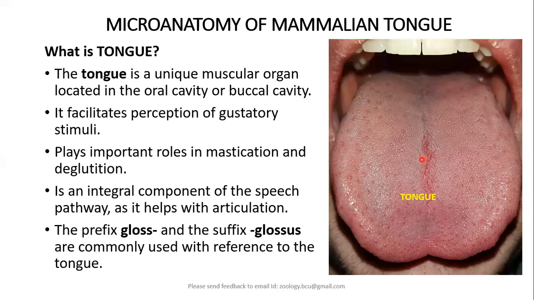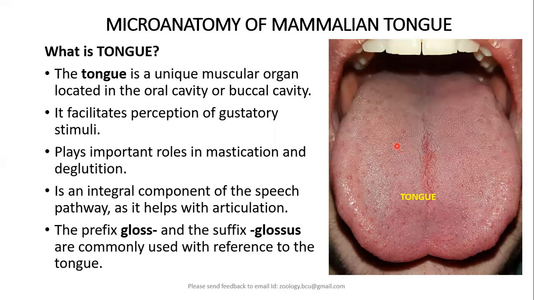And tongue also plays a very important role as it is an integral component of the speech pathway. That means it helps us in the articulation of speech, of course, along with the vocal cords, teeth, ears, and nostrils.